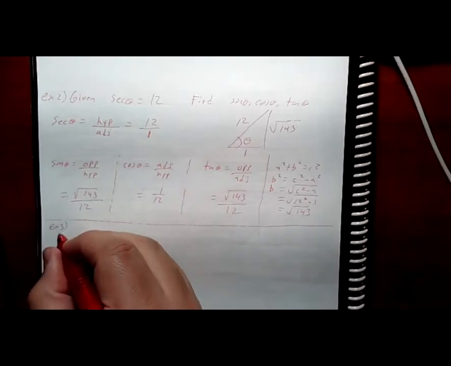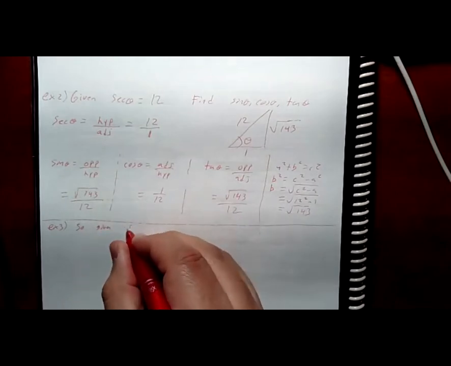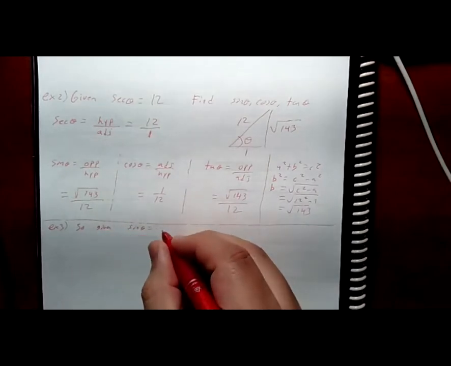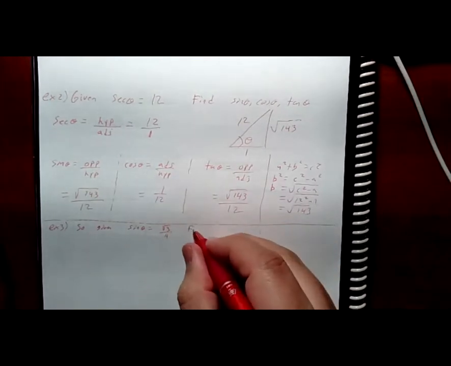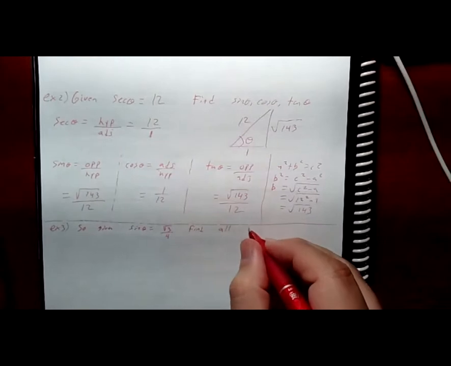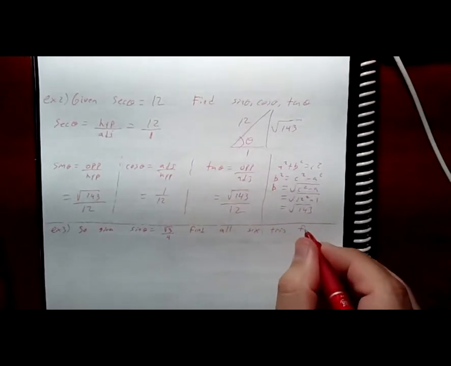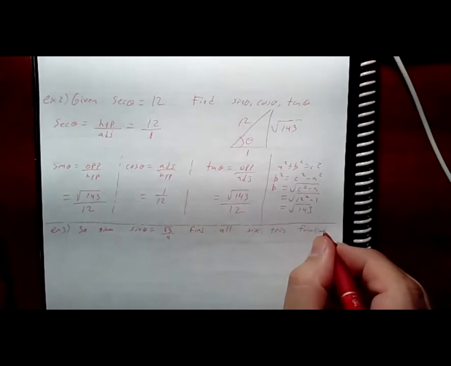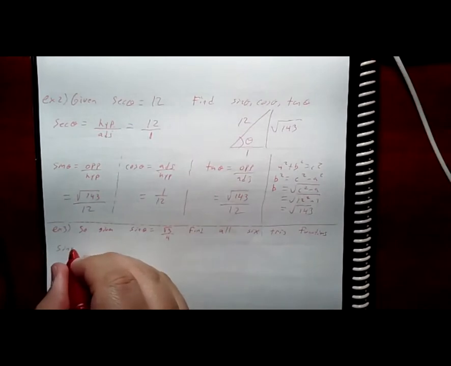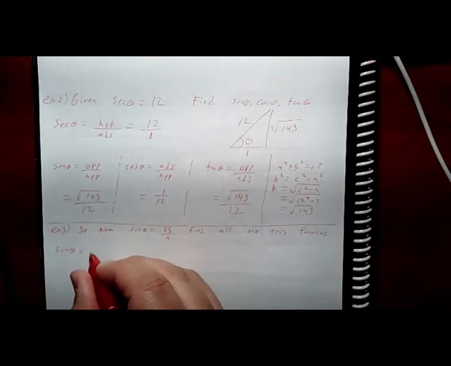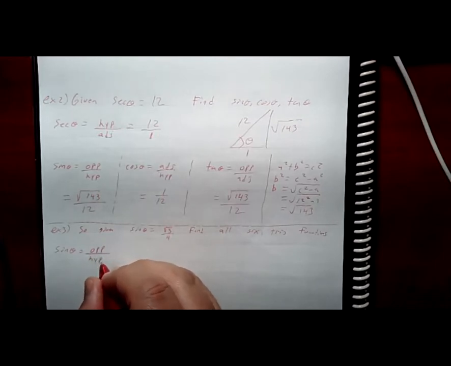Example 3. This time I'm going to give you sine theta equal to square root 3 over 4. Find all 6 trig functions. So sine theta is equal to opposite over hypotenuse.